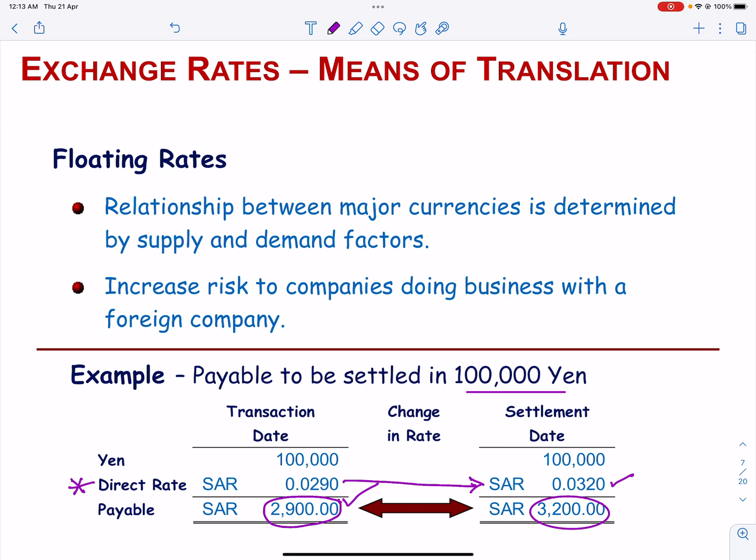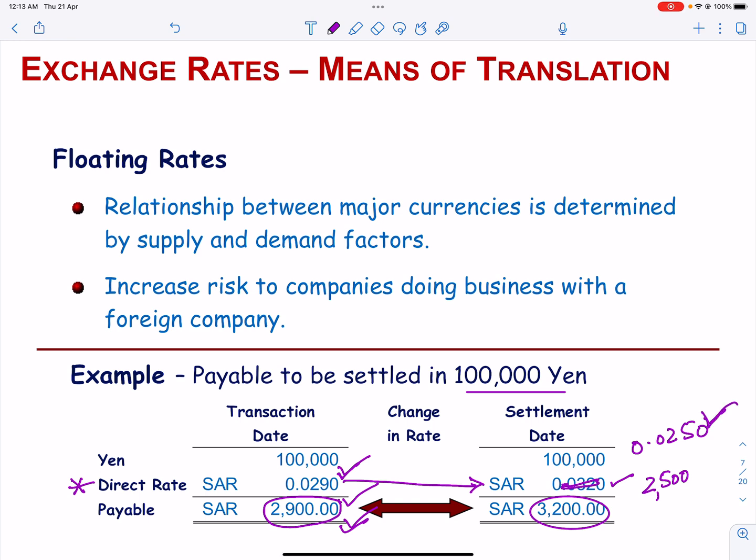Suppose on the settlement date 1 yen is equal to 0.0250. The Saudi firm is gaining as they will be paying 2,500 in place of 2,900 because the exchange rate has decreased from 0.0290 to 0.0250.